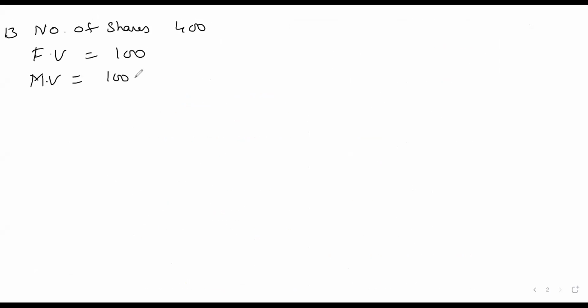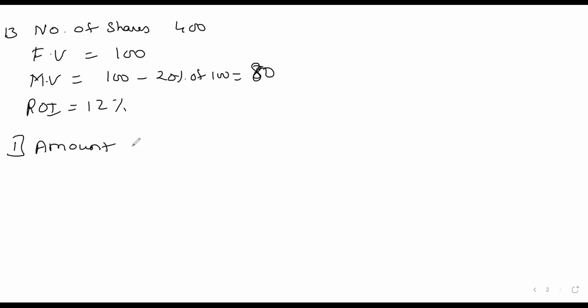So market value is 100 minus 20% of 100. So it is 80. 80 is the market price. And receives return of 12% on his money. So ROI is 12%. Calculate the amount invested by Ashutosh. So first, amount invested is 400 into 80, that is 32,000.